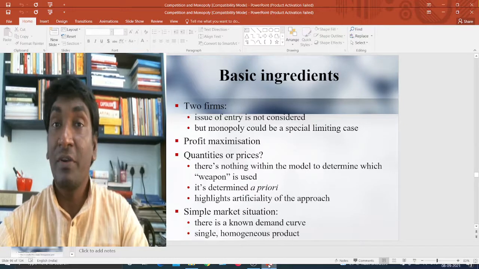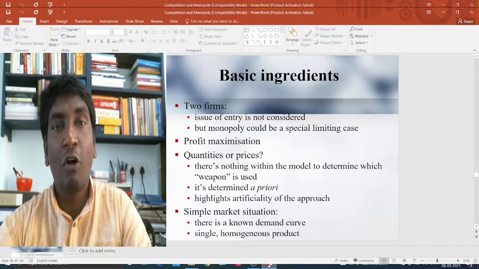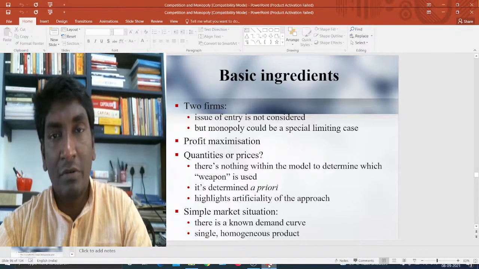Profit maximization is also part of the formulation, which is very important. Two firms should be there, and profit maximization should be the guiding principle. Then there is the possibility of a quantity model or a price model.